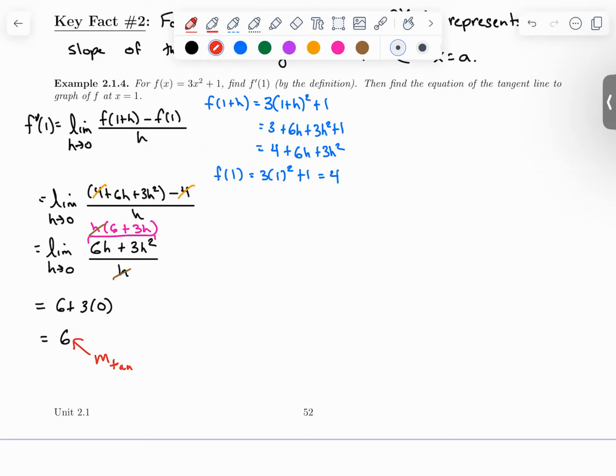Now, it's been a while since we talked about lines, so just as a small refresher, in order to find the equation of a line, there's 2 options. You can either have 2 points, because then from the 2 points, you can create the slope and then go from there, or you need the slope and a point. We found the slope, so we still need a point.